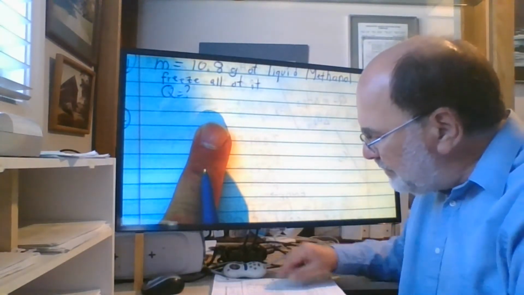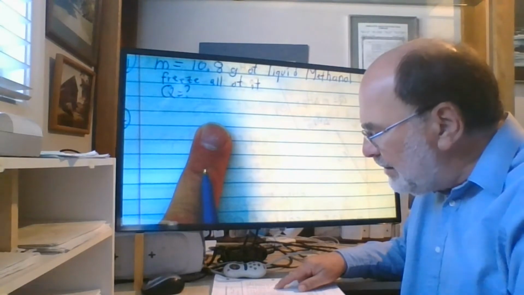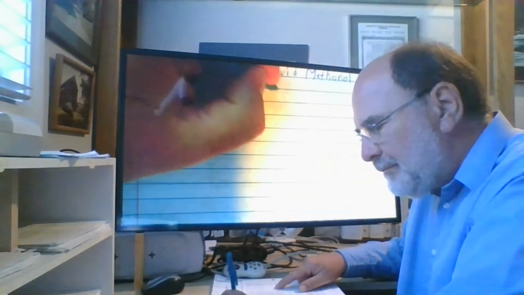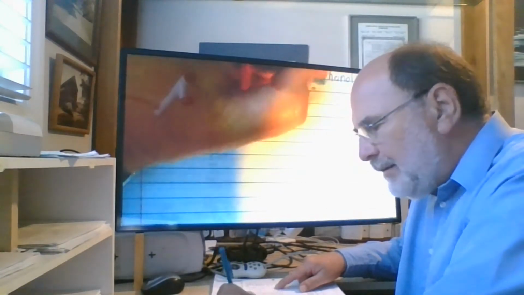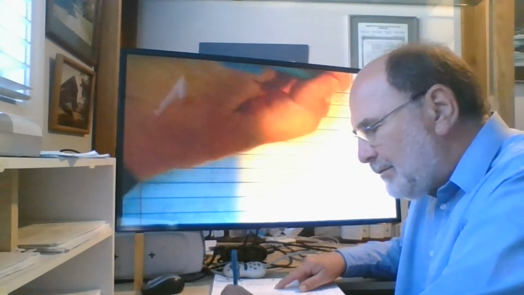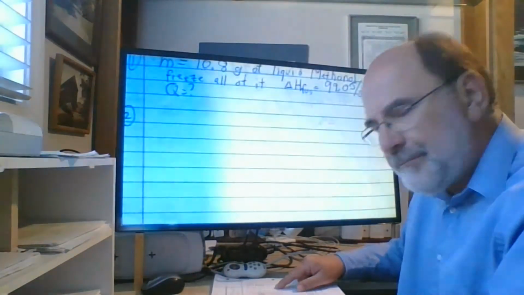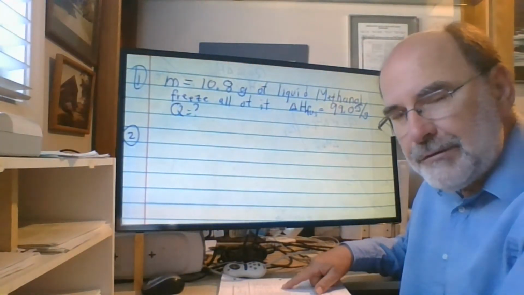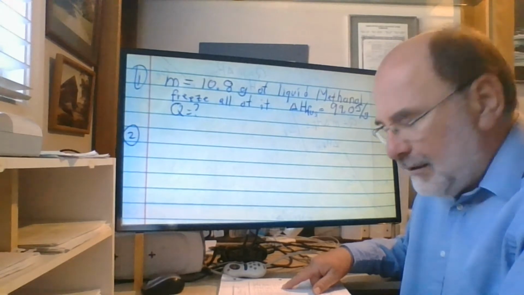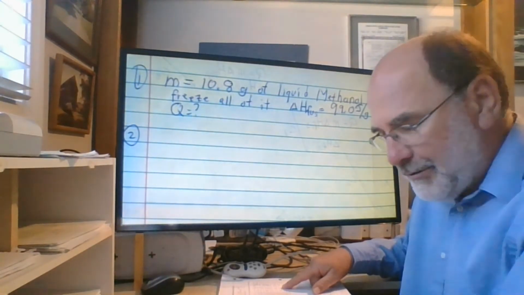Liquid methanol has a heat of fusion of 99.0 joules per gram. Although you should have your reference sheet and you should have looked that up already. So the heat of fusion for methanol is 99.0 joules per gram.